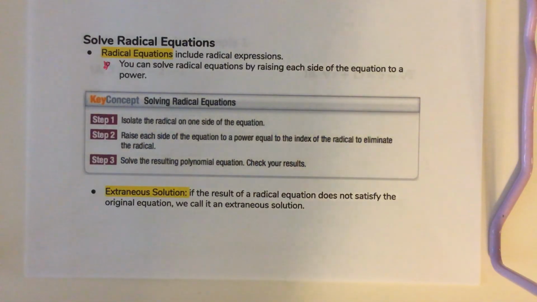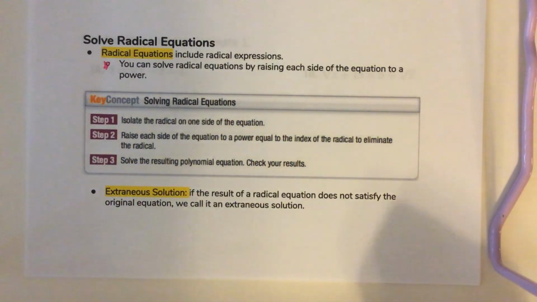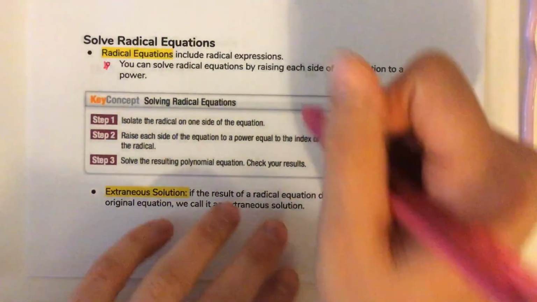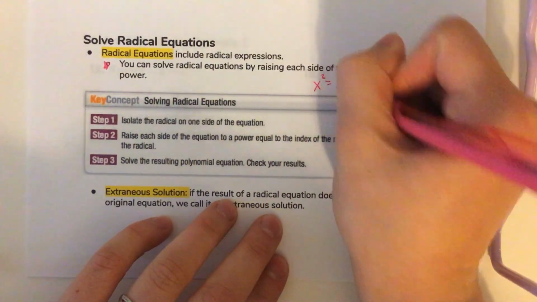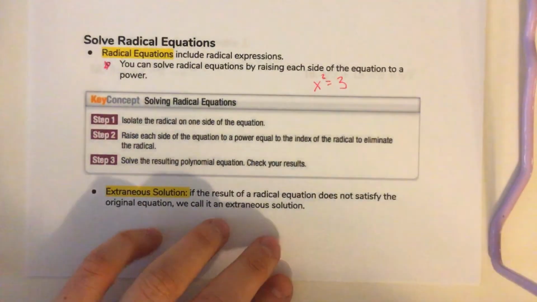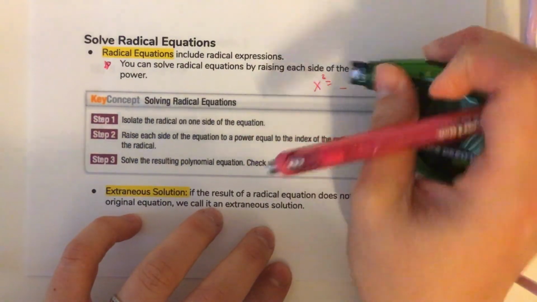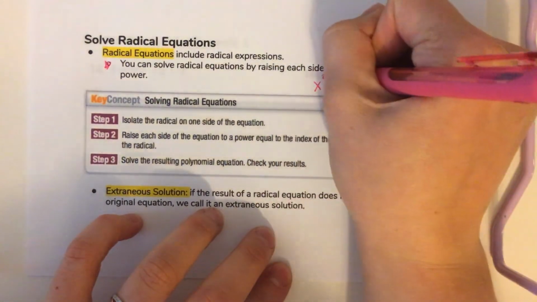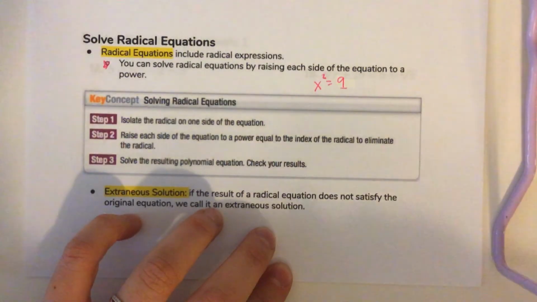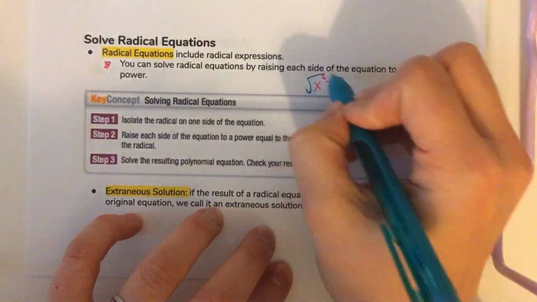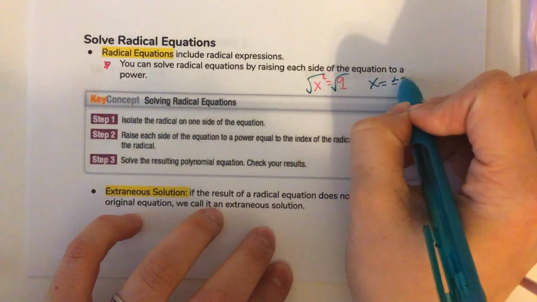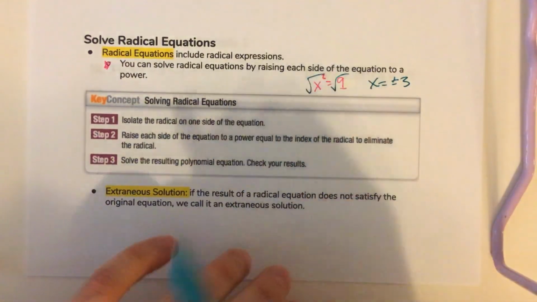So just like when we're solving the problem x squared equals 9, to solve this, we all know you just have to take the square root of both sides to get x equals plus or minus 3. Well, basically, we're just going backwards.